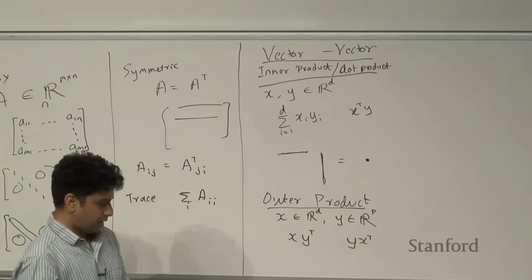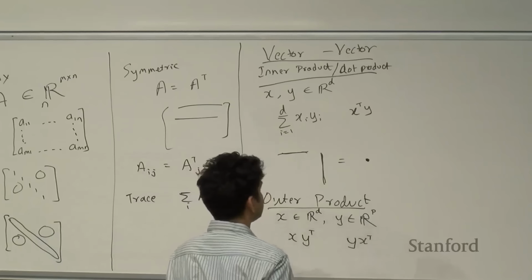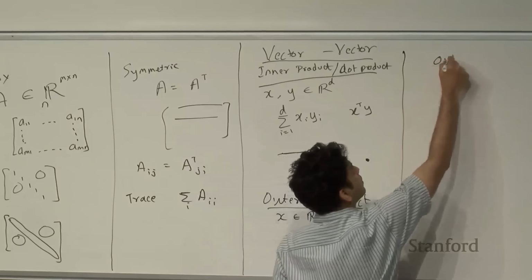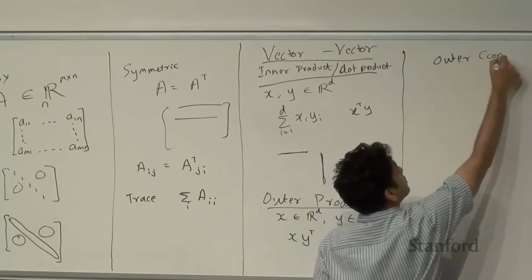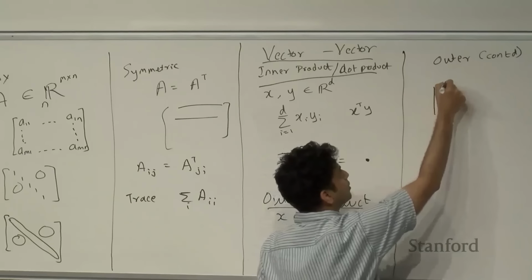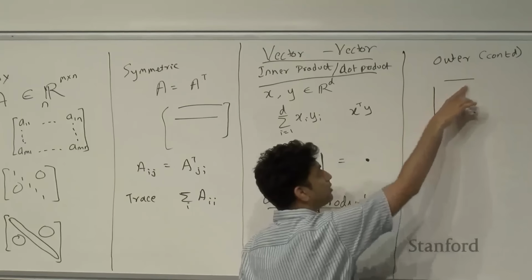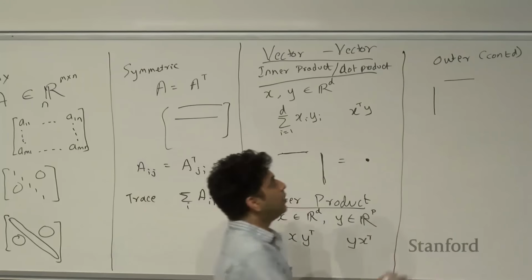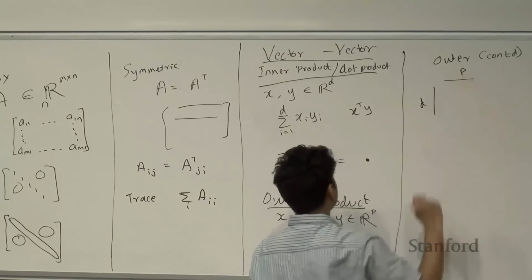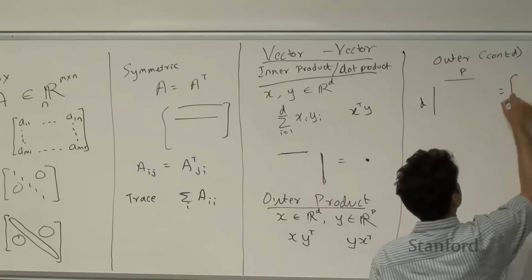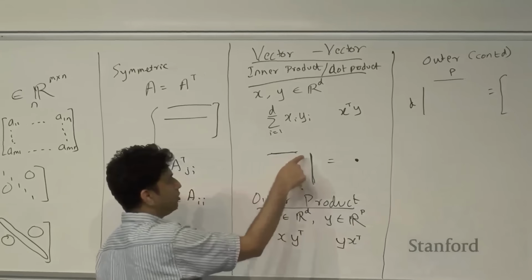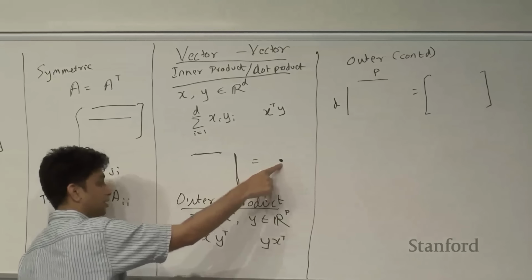The way to think of the outer product, at least pictorially, is something like this. Think of vector 1, vector 2. We have a column vector and a row vector, right? In this case, this is d-dimensional and this is p-dimensional. With the inner product, we took a row vector and a column vector and converted them into a scalar.